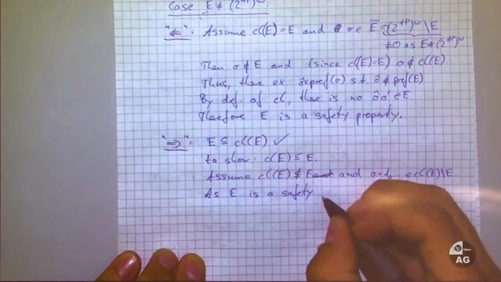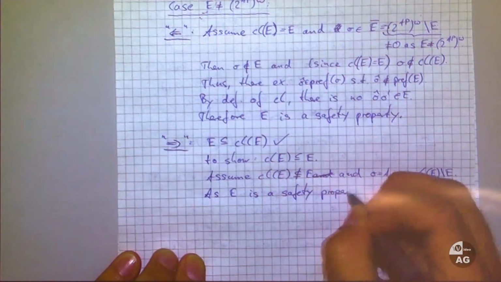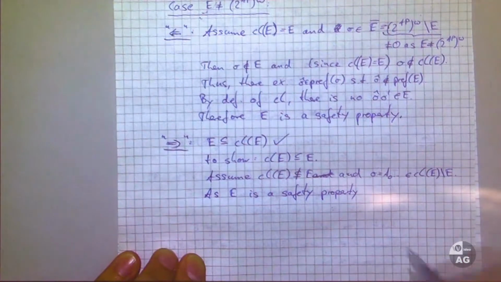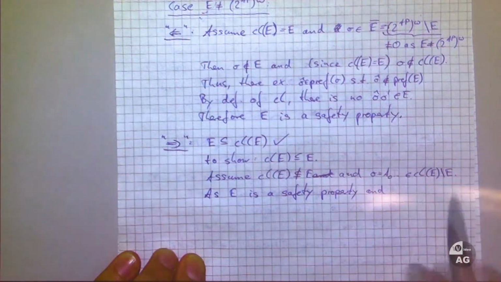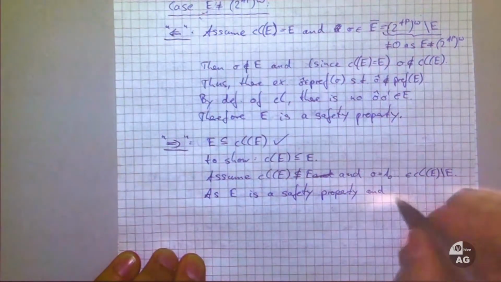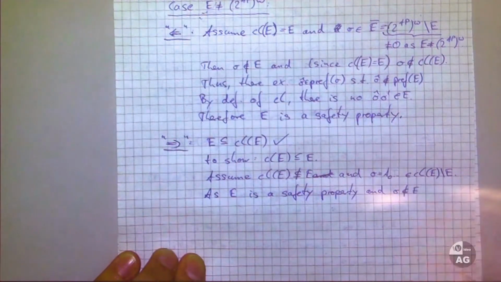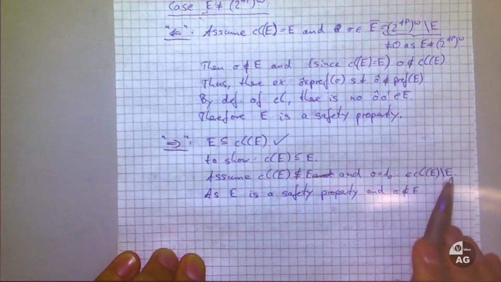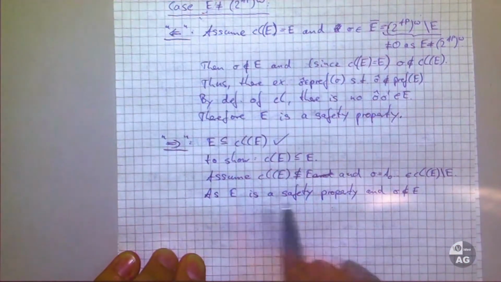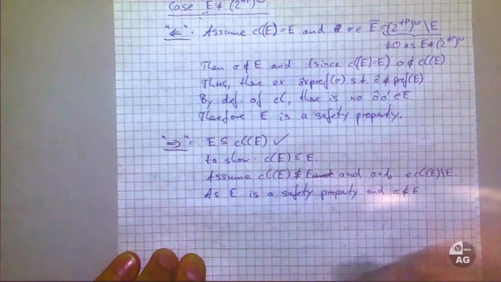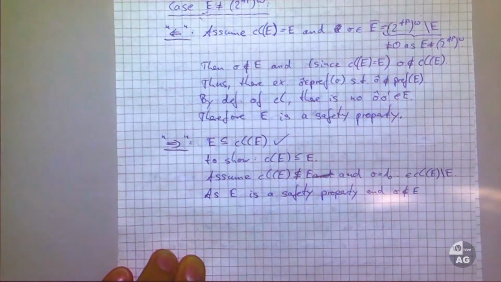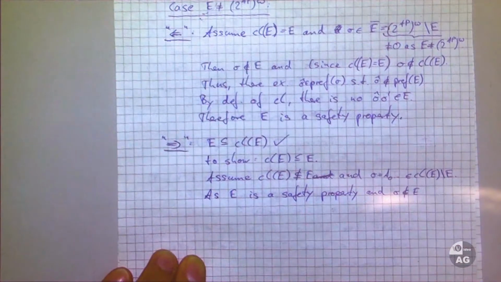Then E is still a safety property. And by this assumption, we have that sigma is not contained in the property, because it's in the closure, but not in the property. But E is a safety property, so there must exist, by definition, a finite prefix such that no continuation of that prefix is in E.